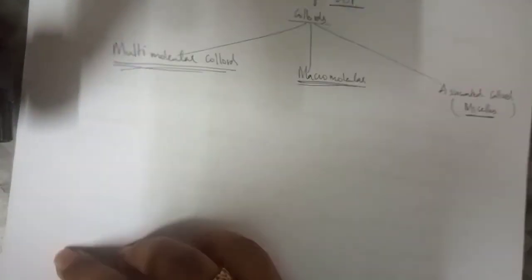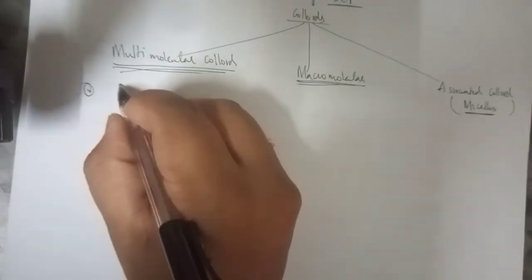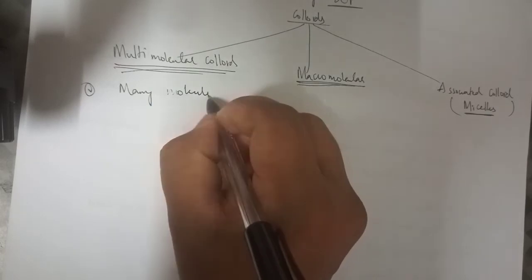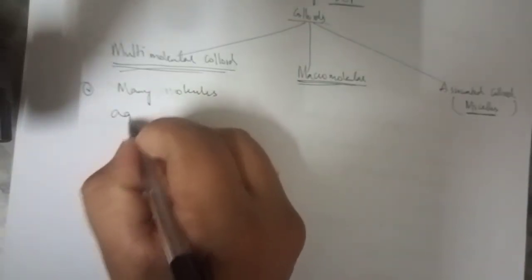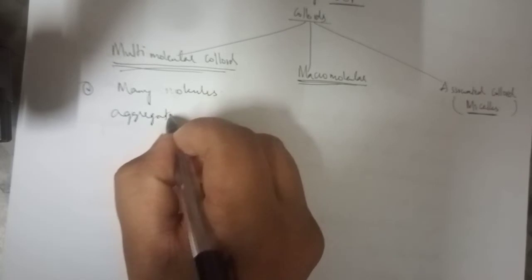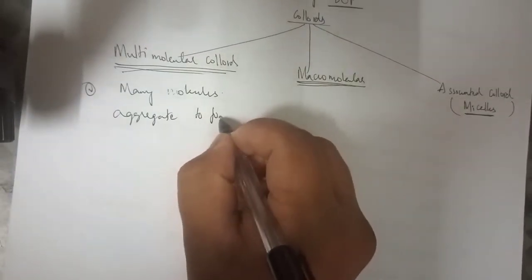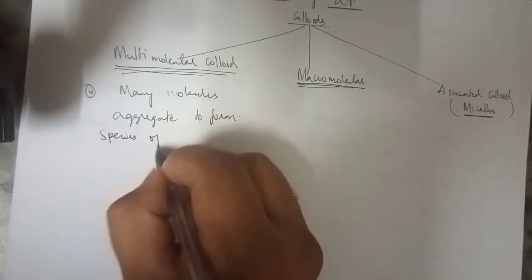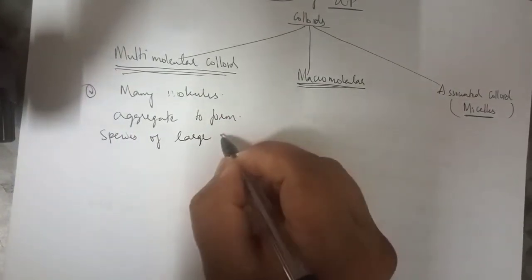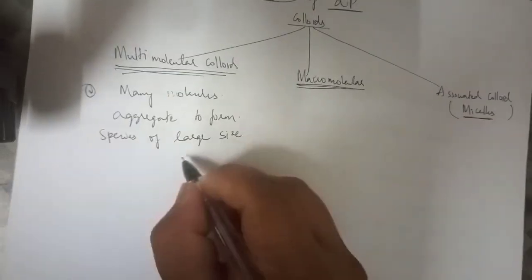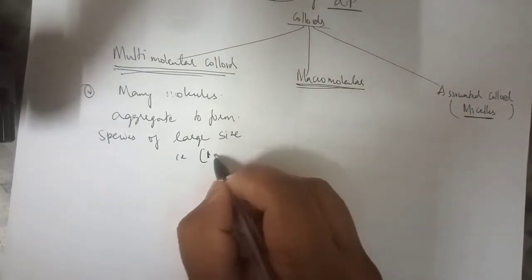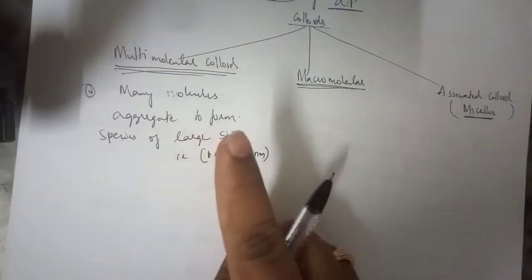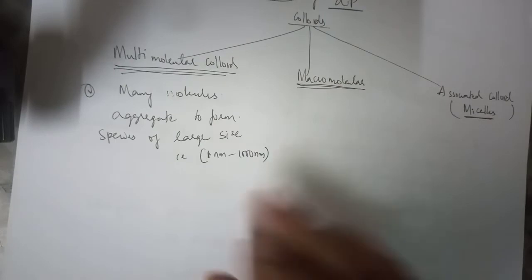So by definition, many molecules aggregate to form species of large size, that is of the range 1 nm to 1000 nm. One molecule, if it is 0.5 nm, is a true solution. Hope you understood what a multi-molecular colloid is.